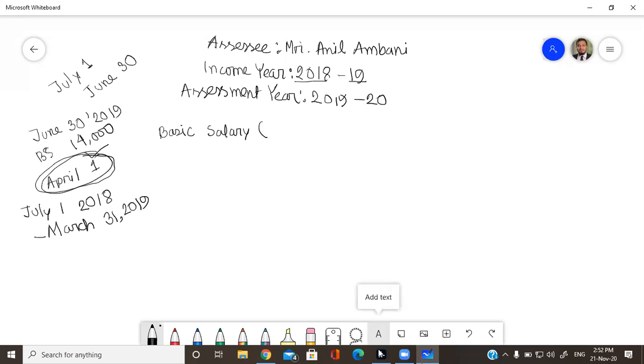The basic given in our problem on June 30, 2019, for sure was not applicable before April 1, as the increment date is April 1. So what do you think the basic salary for Mr. Ambani was before this increment date? 11,000. How much? 11,000.